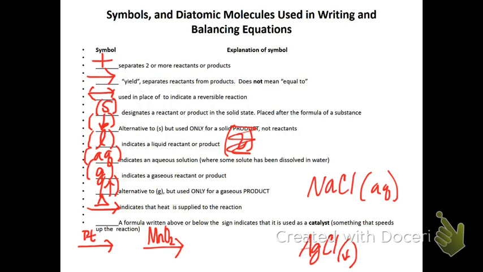In the case of photosynthesis, what is its catalyst? Enzymes are not the catalyst. Enzymes are biological catalysts, but they're not what makes photosynthesis happen. It's the sun. You wouldn't draw the sun, you would say sunlight or light.